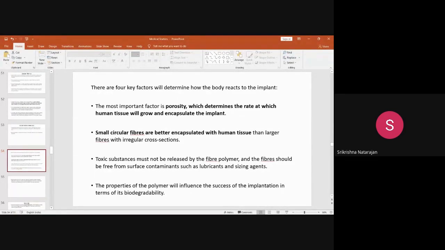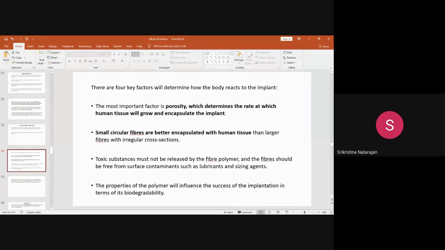For that reason, the implant which you are using should be porous. If it is not porous, then the tissue growth will not be possible, and the encapsulation will not be possible. So the most important factor is the porosity, which determines the rate at which the human tissue will grow and encapsulate the implant.